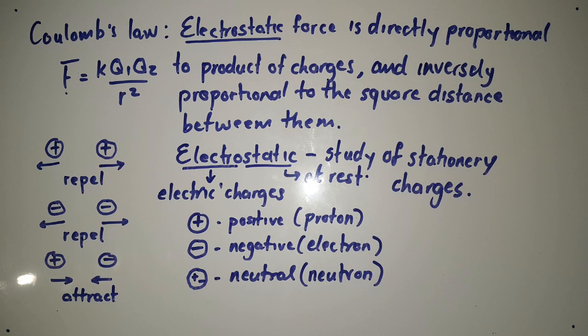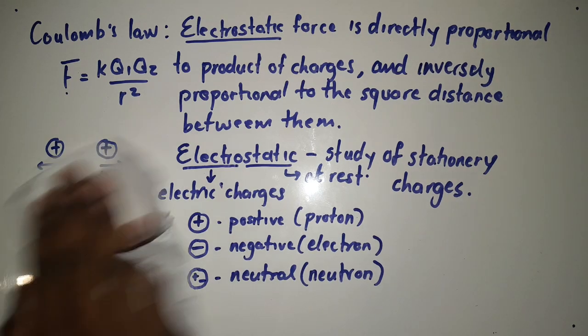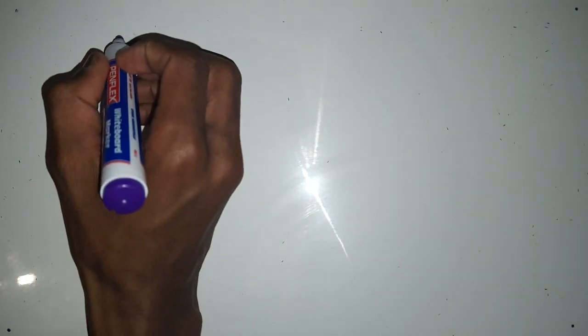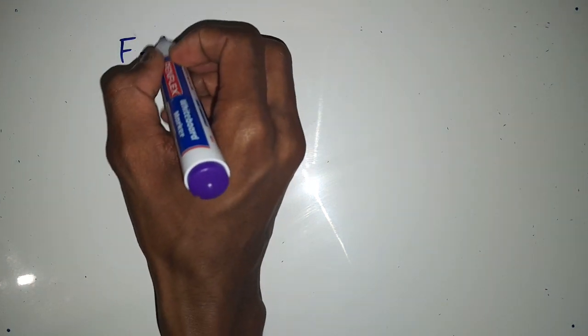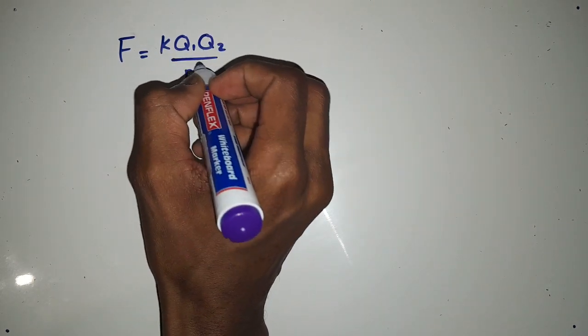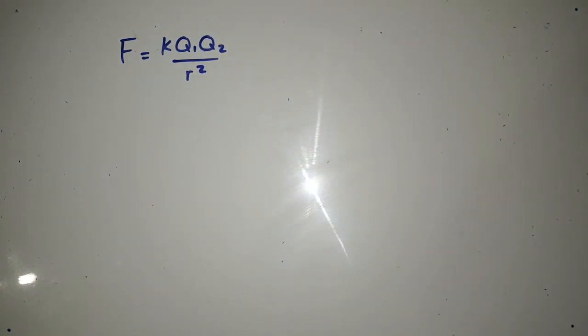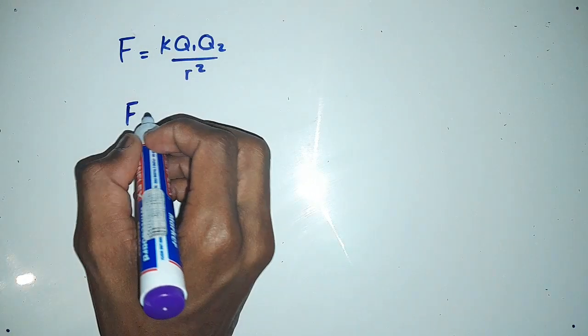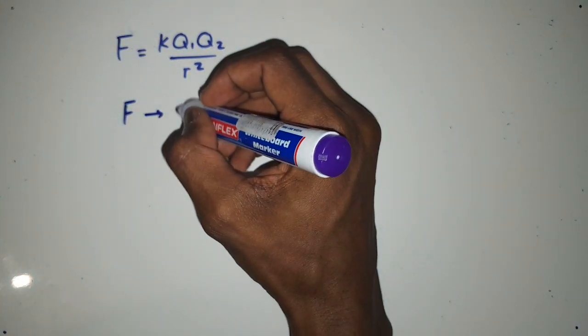Now, let us go back to the formula of Coulomb's law. Let me just erase. We have this formula of F, which is given by K Q1 Q2 over R squared. F is our electrostatic force, and it is measured in Newton.